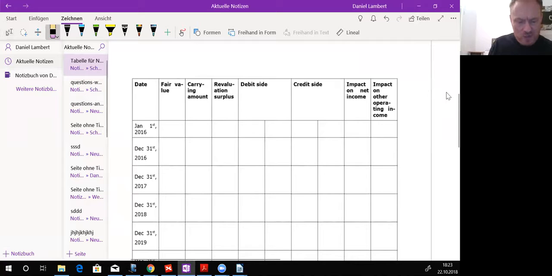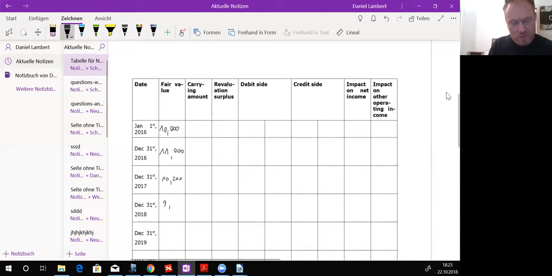So let's consider this. We have the fair values of, say, 10,000. Let's just say 10,000 was the fair value at the beginning of the first year, 2016. Then it's 11,000 euros. Then it goes down again to 10,200.